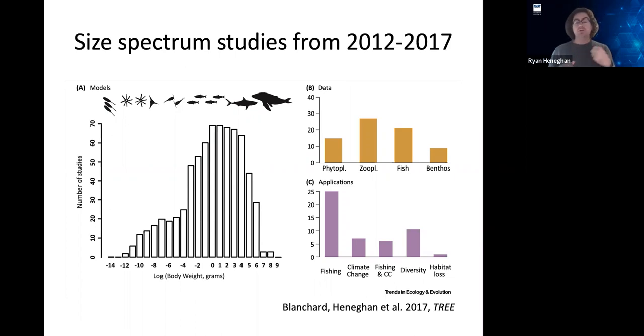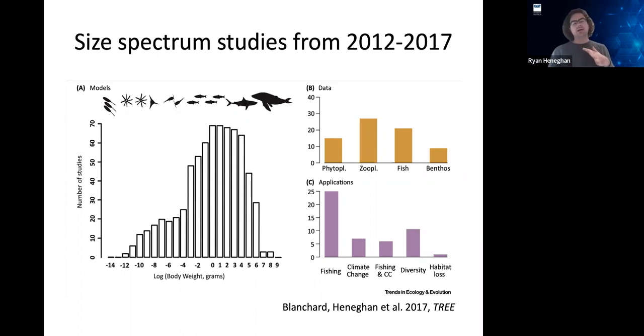People focus on different parts of the size spectrum in terms of counting things, but also in terms of applications, we can use size spectrum theory to build models to look at the impacts of fishing, climate change, interactions between fishing and climate change, diversity, habitat loss, and a lot more. So size spectrum theory has been well used to look at human impacts on marine ecosystems and to try and understand the structure of marine ecosystems.